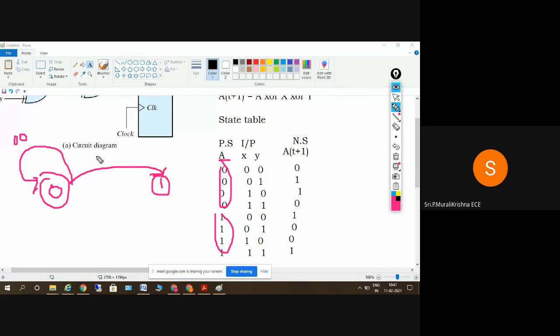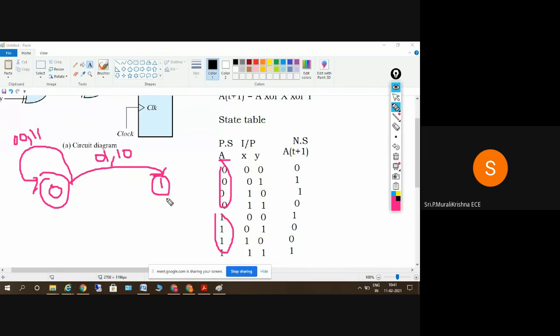And if the input is 1 0, I'll put a comma here, so for 0 1 or 1 0, it will go to the next state here. And if it is 1 1, it will remain in the same state.